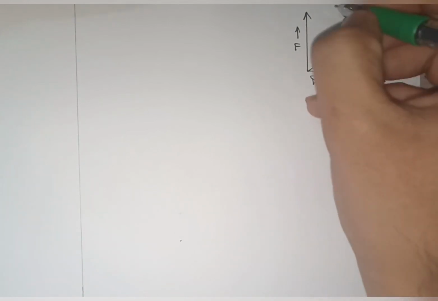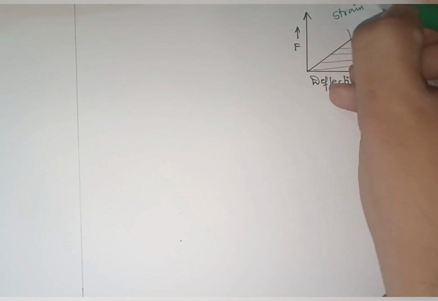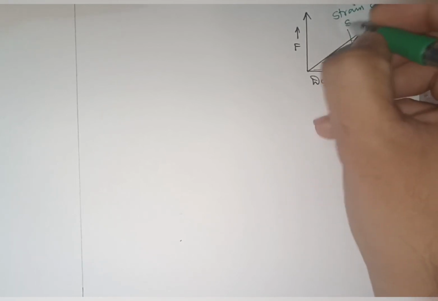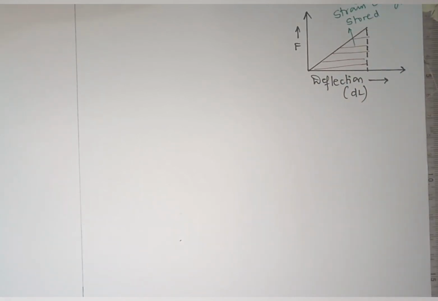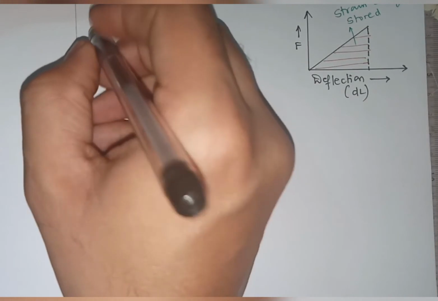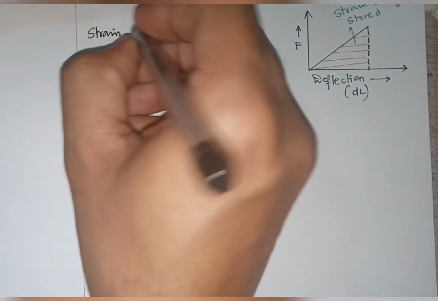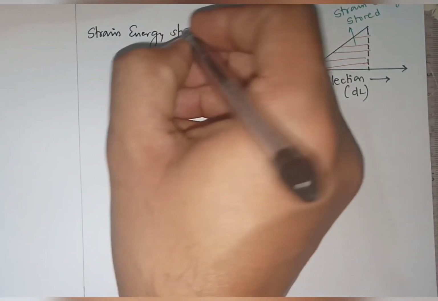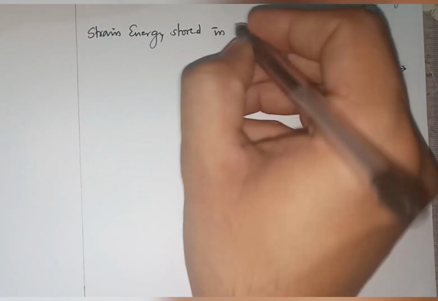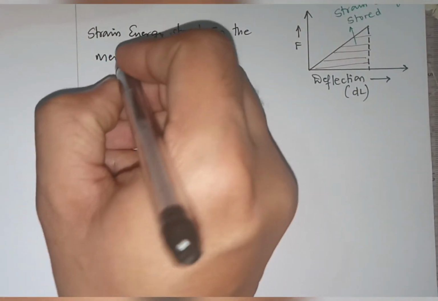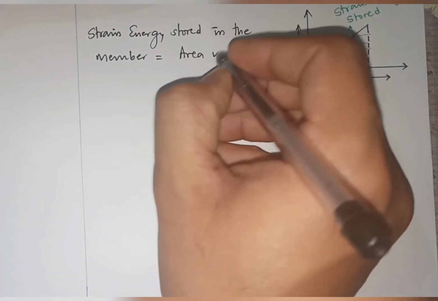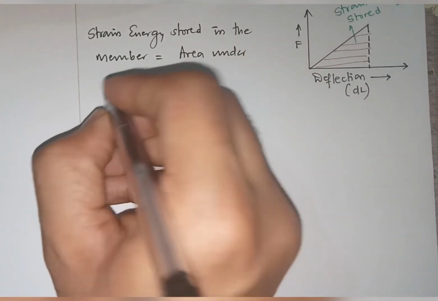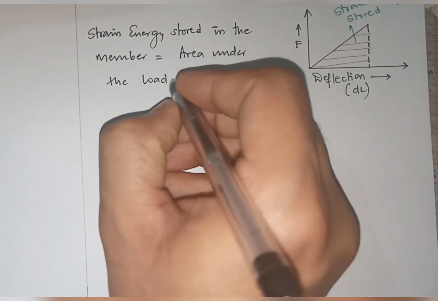I'll just write here strain energy stored. So the area under the load deflection curve gives me the strain energy stored. Therefore, the strain energy stored in the member will be equal to the area under the load deflection curve.